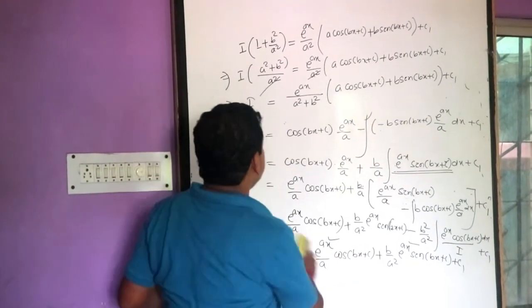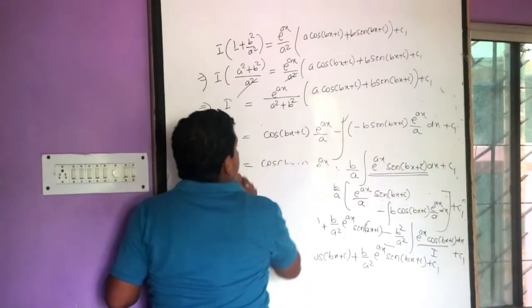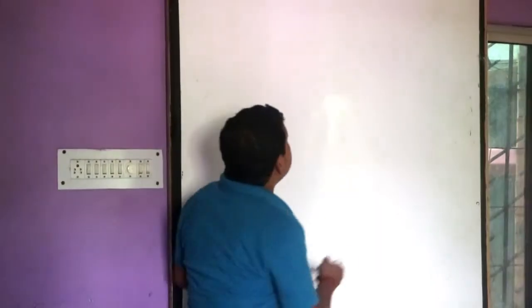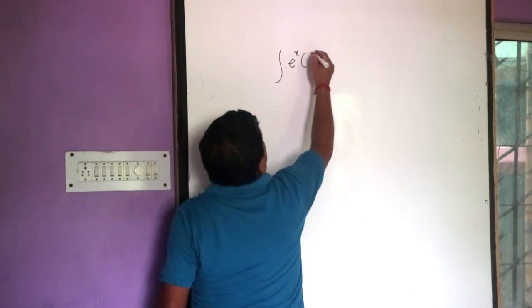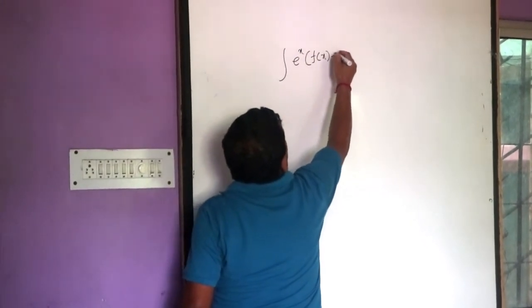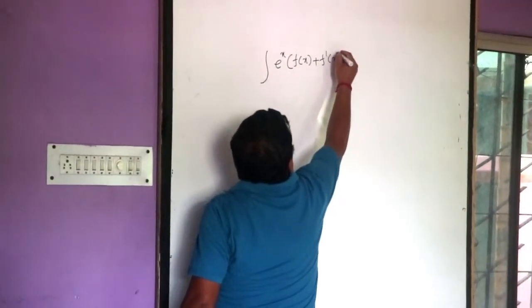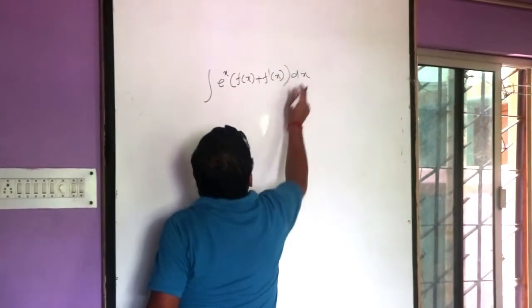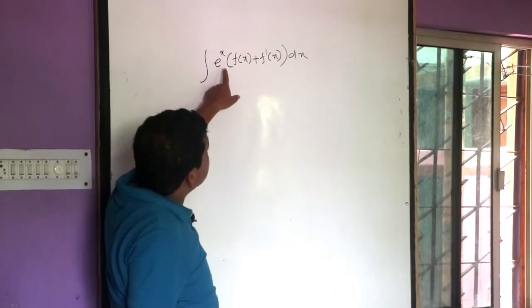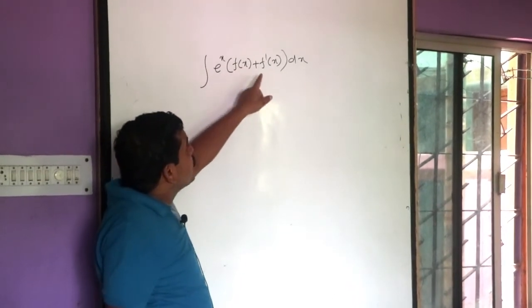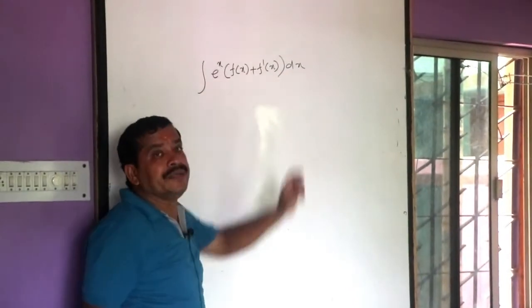Another technique: the integration is like e to the power x into fx plus f dash x. This is also an important one. Here one is an exponential function and the other is a function plus its derivative.